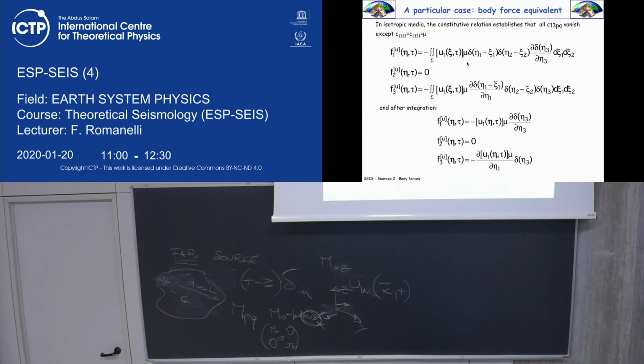Wait a second. What the representation theorem is saying is, okay, guys, you can move out your fault with a slip, and now you can take two equivalent body forces. One is acting in 1, so along X. The other one is acting along Z. How are they made?